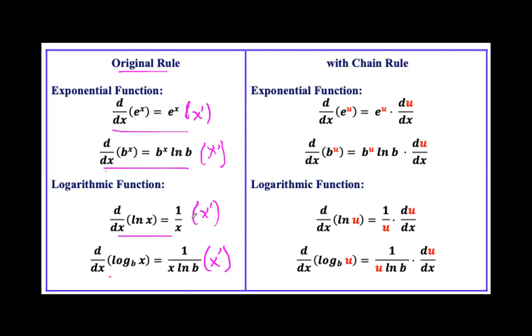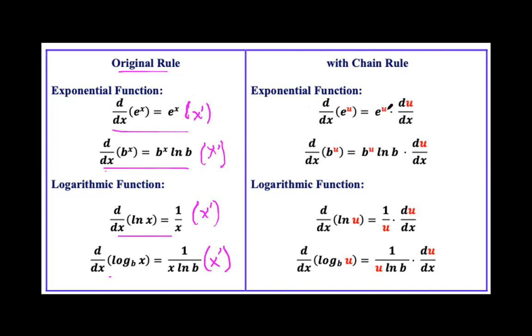That's why it will end up as these answers for the derivatives of this kind of functions. And with the use of the chain rule, these are just equal to this. So instead of using x prime, now we can use du over dx, where u is a function of x.